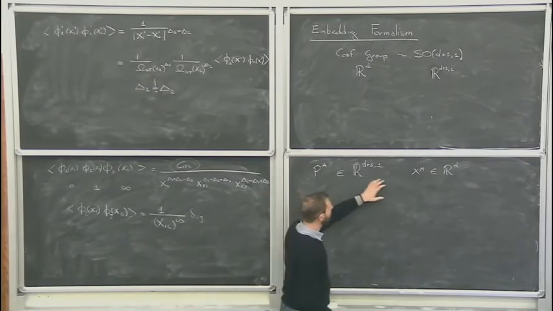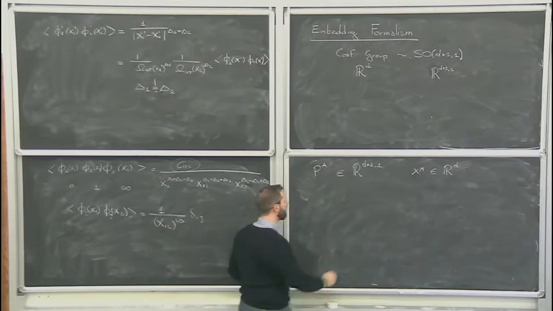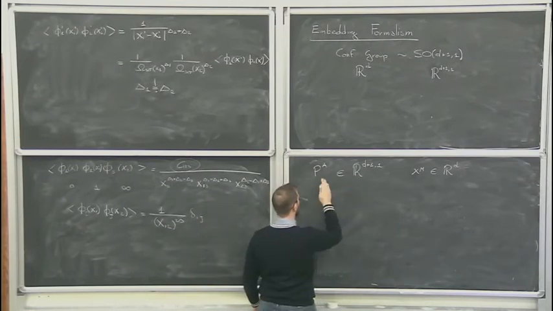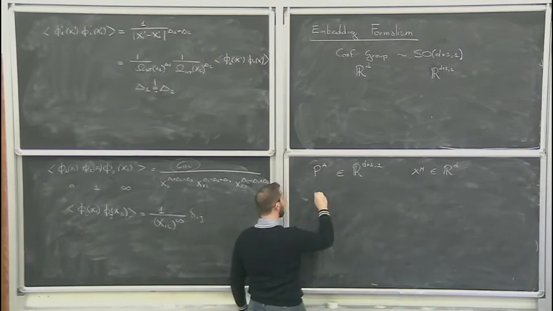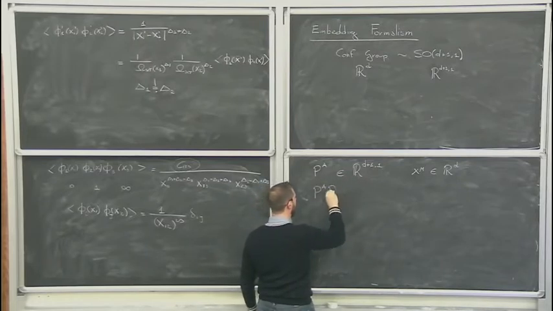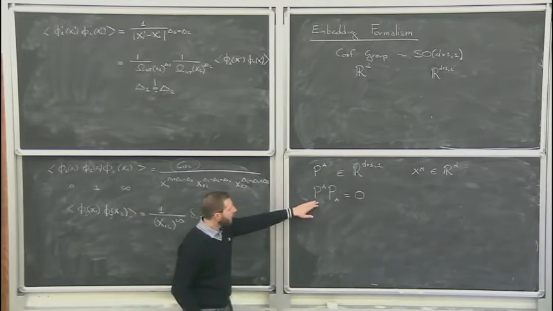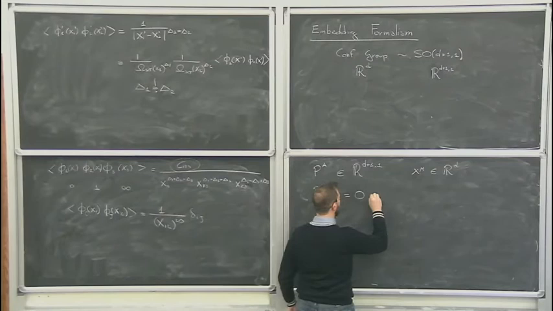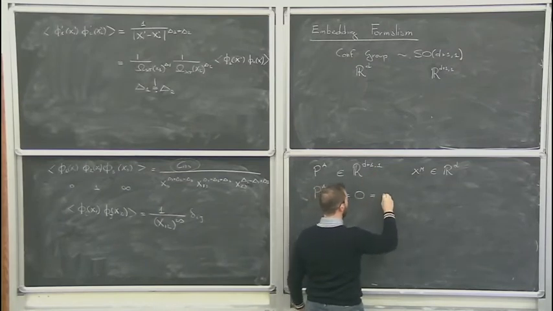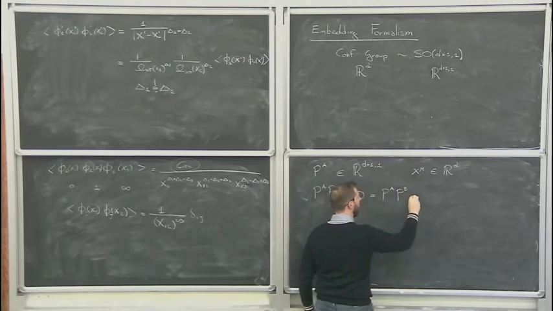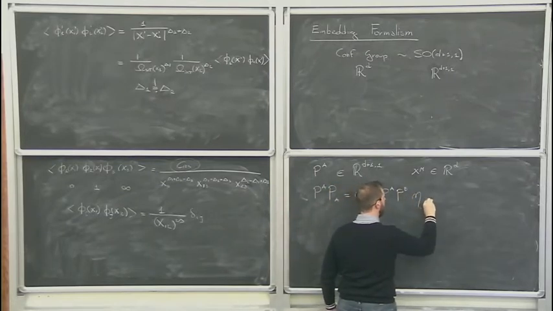And the way to identify these two things is to consider, first of all, the following hyperboloid, which is identified by the condition that P^A P_A is equal to 0, where I'm contracting indices with the metric of R^{d+1,1}, P^A P^B eta_AB.